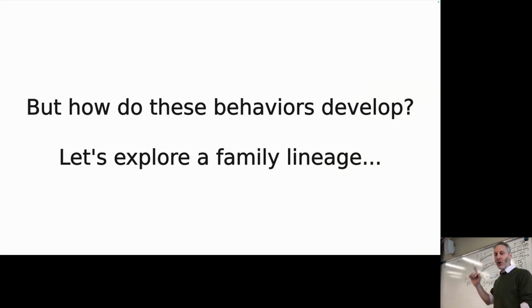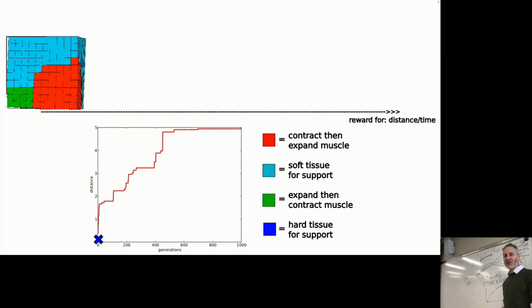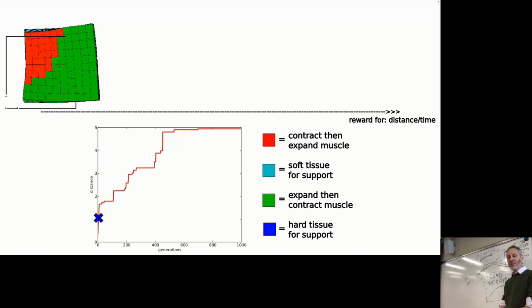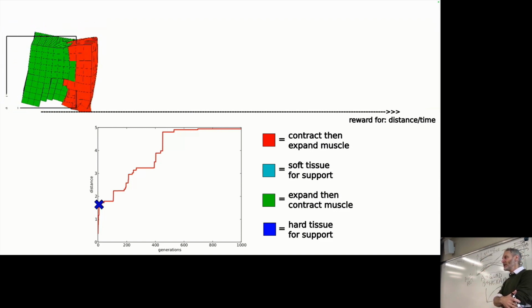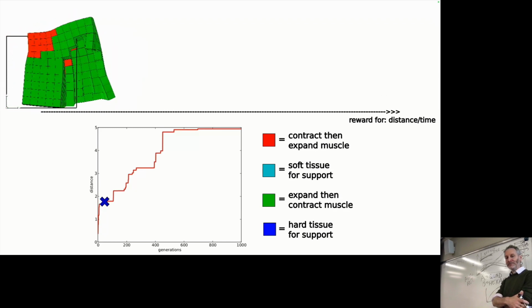Let's actually watch one single evolutionary run. Here's the best CPPN in the initial random population. Here's the best CPPN at the second generation, best CPPN at the third generation, and so on.